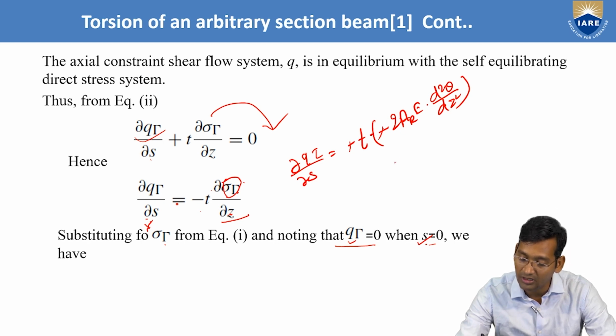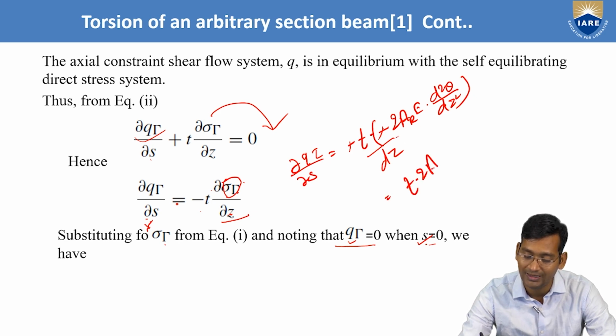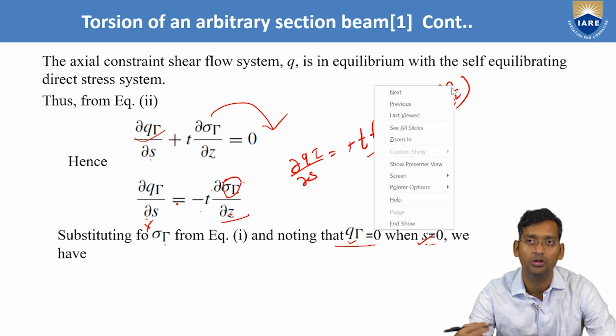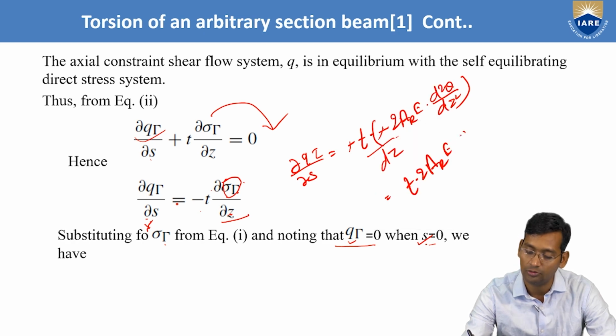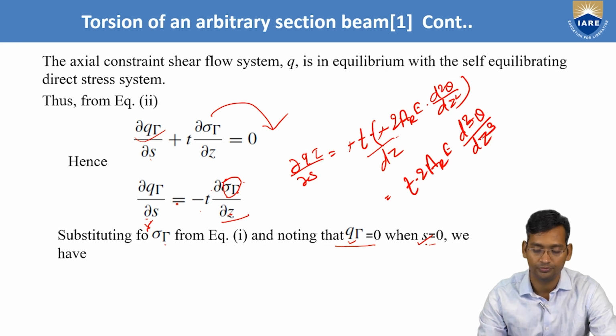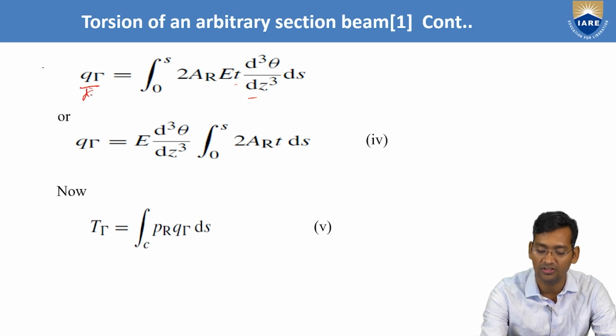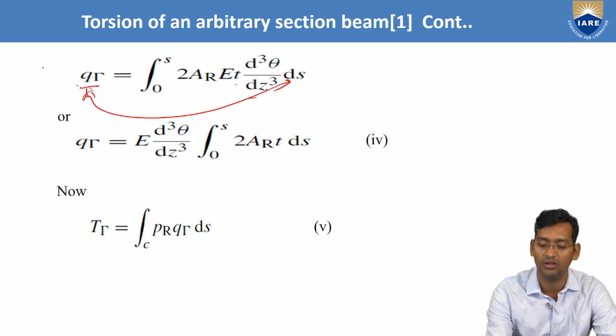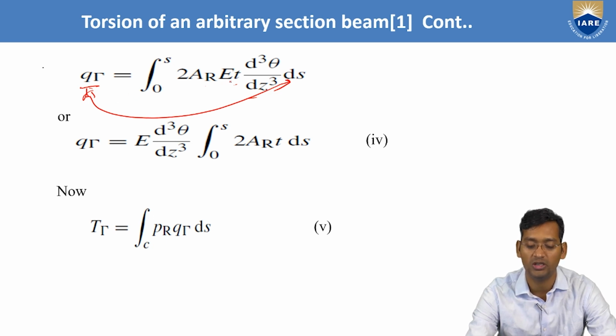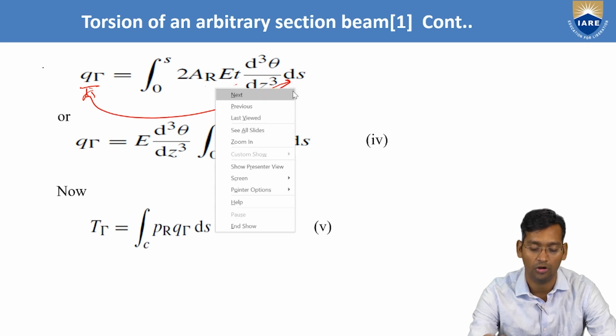Now we can say 2ART, and then differentiate with respect to dz. So this becomes T into 2ARE, and after differentiating, since the second derivative is already there, it becomes the third derivative, d3 theta by dz cubed. And this ds was here, so that ds came here. So this del Q tau equals integral from 0 to s of 2ARET d3 theta by dz cubed into ds.